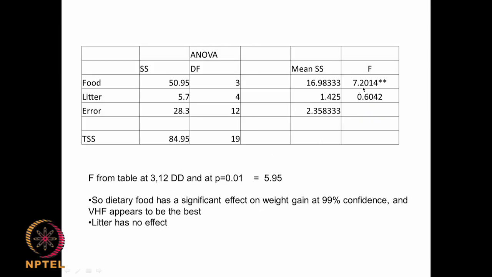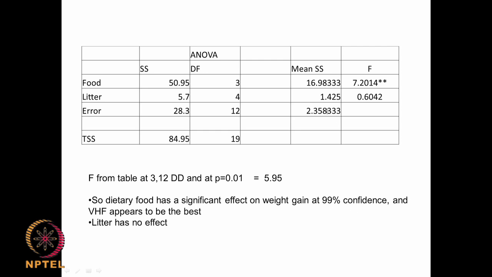You get an answer of 7.2. So your calculated value is much larger, so reject the null hypothesis. So dietary food has a significant effect on weight gain at 99% confidence.